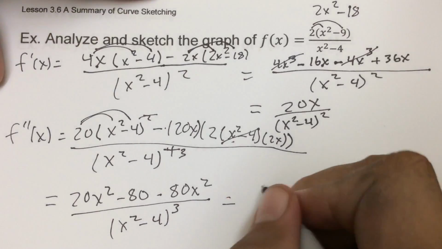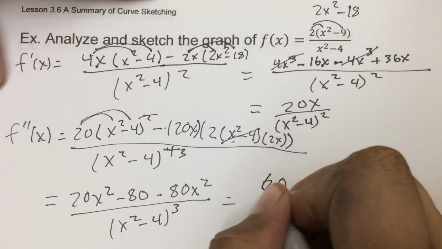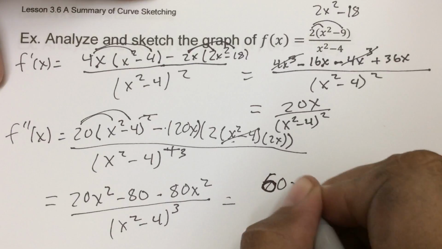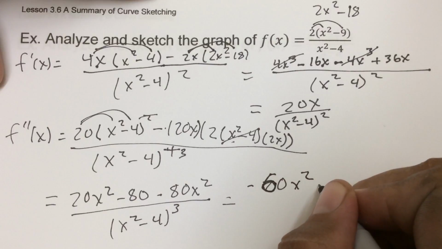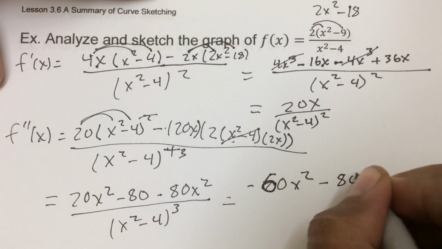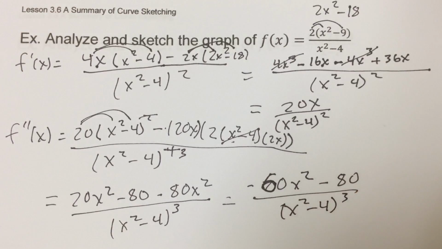So final answer here of negative 60x squared minus 80 over x squared minus 4 to the third.